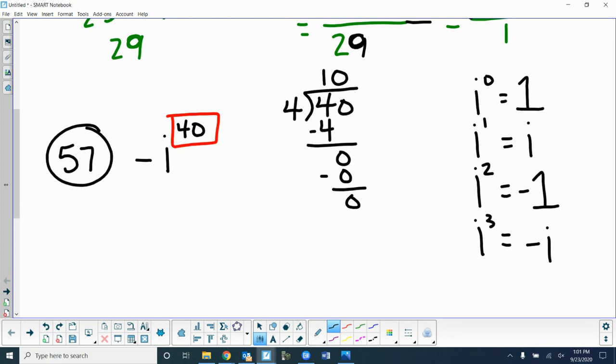So that means this problem is the same as negative i to the 0. That's the same problem. Okay, so what is i to the 0? 1. But since there's a negative in front, our answer is negative 1.